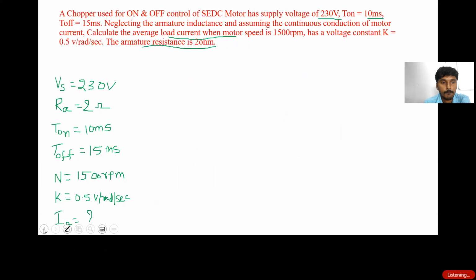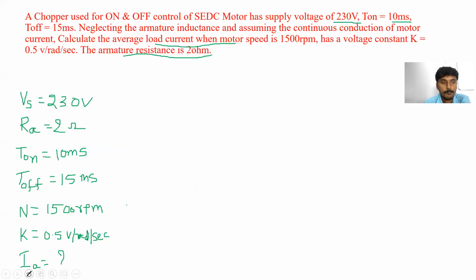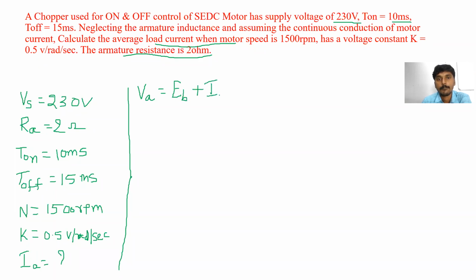Clear? So what is the formula for finding the armature current? We know the formula.